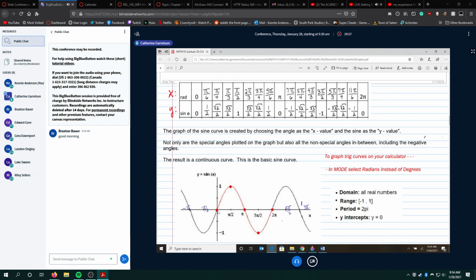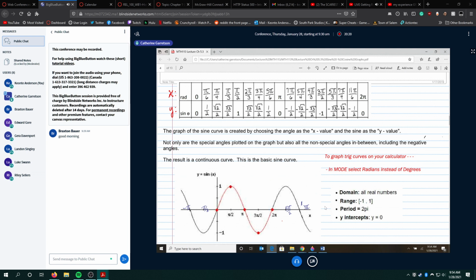I think you remember from pre-cal algebra, you were asked to find the zeros of a polynomial. Those were your x-intercepts. Well, unlike those polynomials where you maybe only had 1 or 2 or 3 or 4, there's an infinite number of x-intercepts, but it's always the same distance apart.